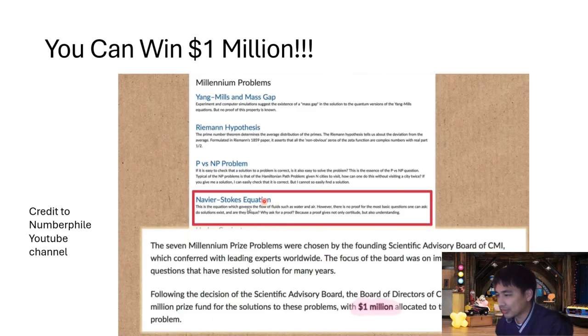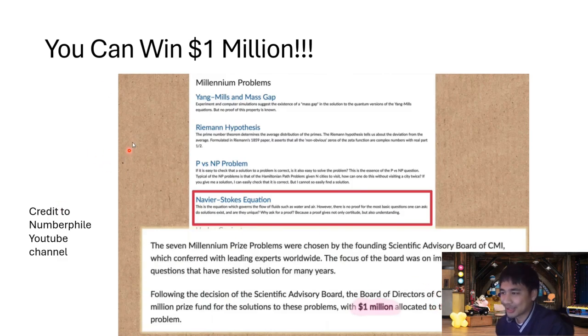If you were to solve the Navier-Stokes equation and find proof of why it is that for non-smooth functions we get chaotic solutions, you would be rewarded $1 million from the CMI organization.